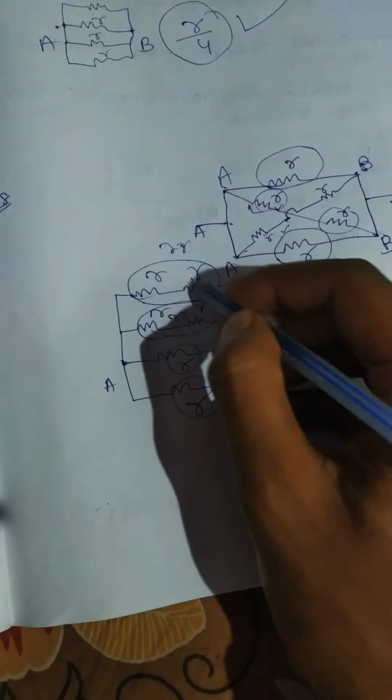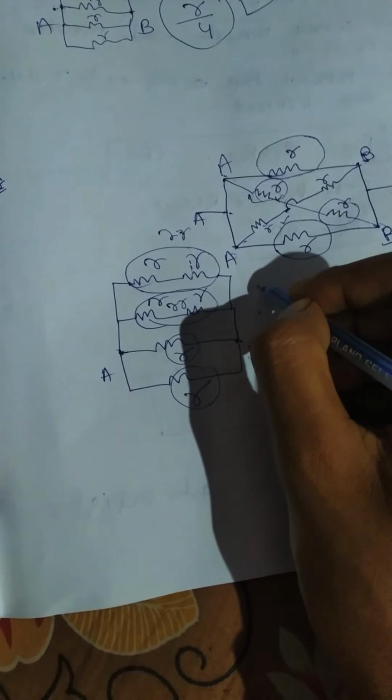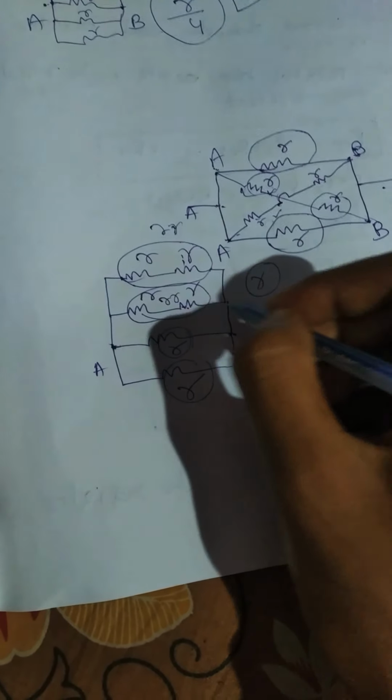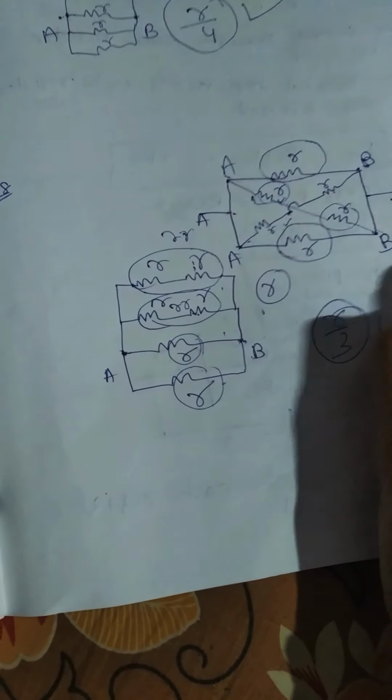So 2R, 2R, 2R equivalent is 2R by 2, that is R. So this is R. Result is R by 3.